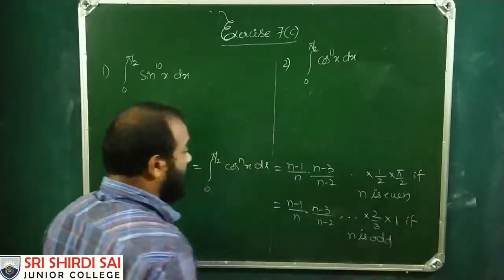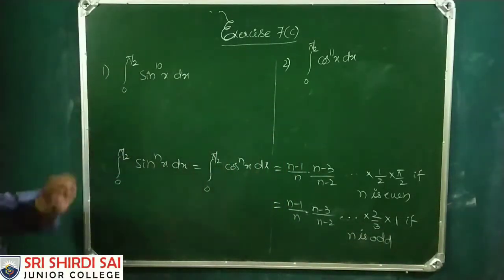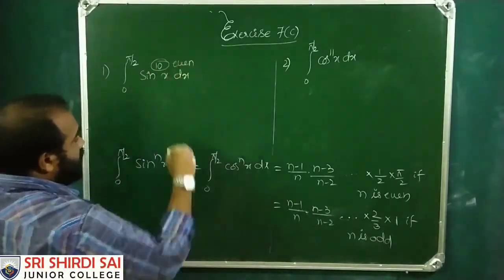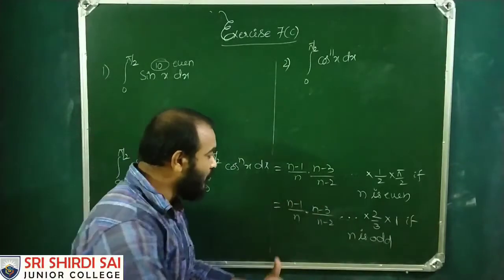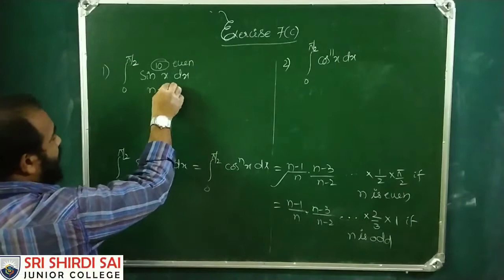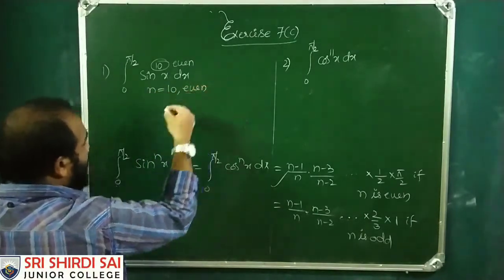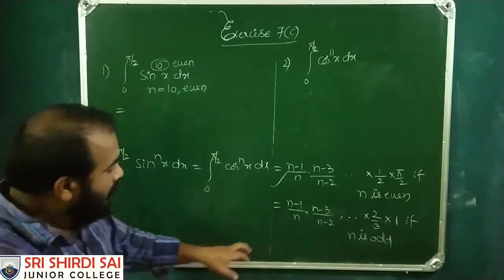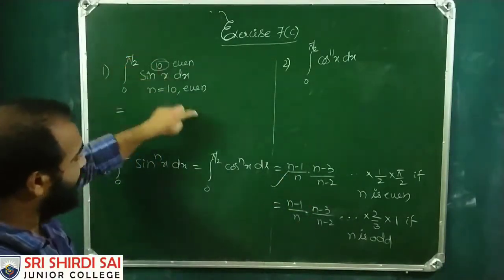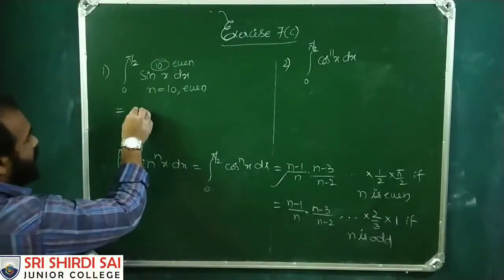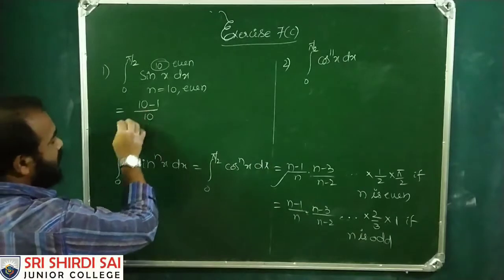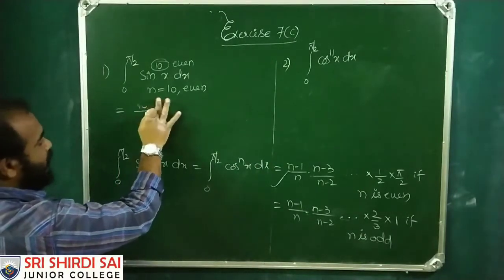If you try to solve the first problem here, this is an even number, so we have to use this formula. n is 10, which is even, so the first term is n minus 1 by n. What is n here? 10. 10 minus 1 by 10 is 9 by 10.